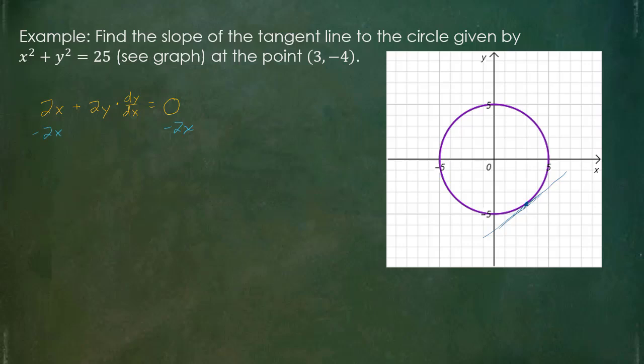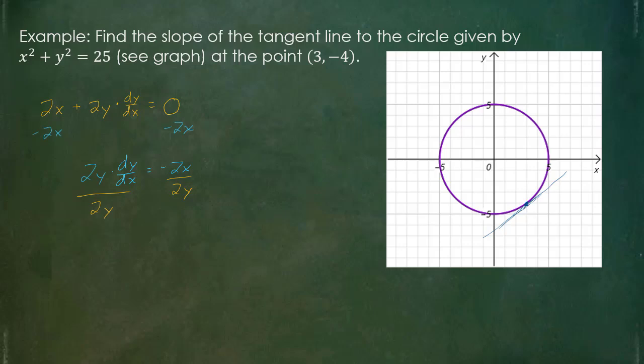That then gives me an expression: 2y dy over dx being equal to negative 2x. So with this one, I really don't have multiple terms to try and factor out. That's already its own factored form. So all I'd have to do is now solve for dy over dx. So divide both sides by 2y.